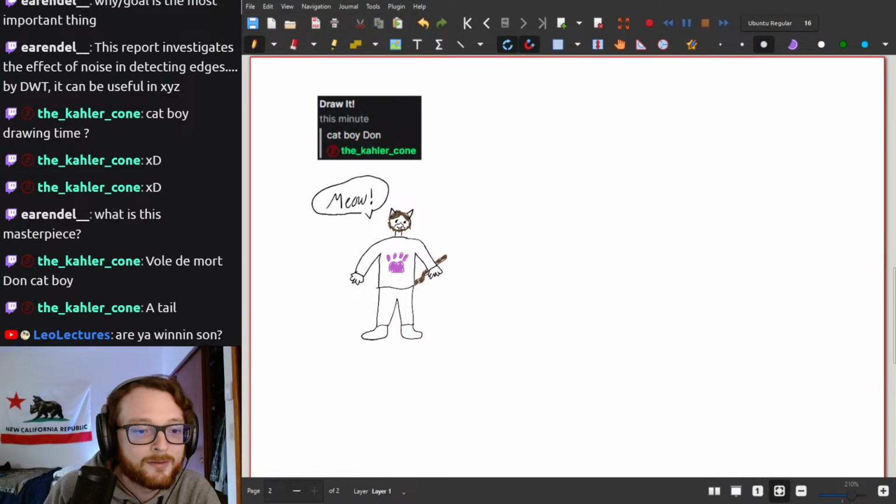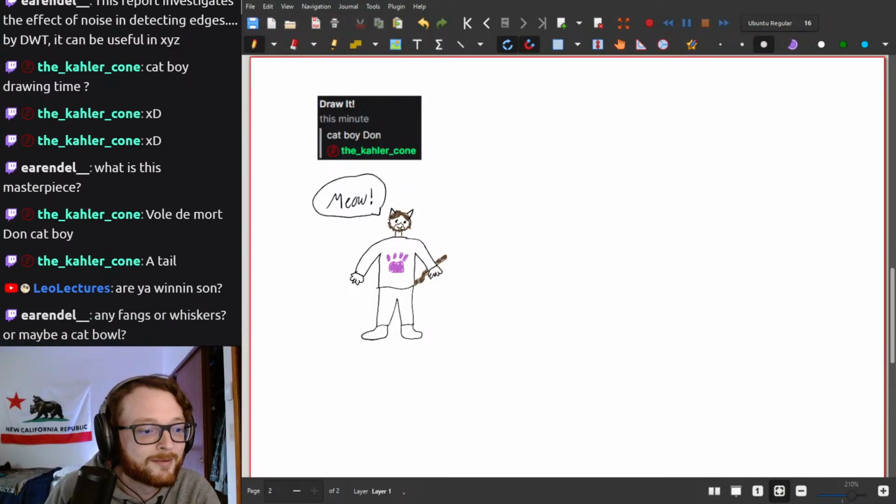It's not really... Ugh. It's a little better. Oh, yeah! The fangs would be a little hard to get in there. I made my head a little bit too small, but whiskers we can definitely do.